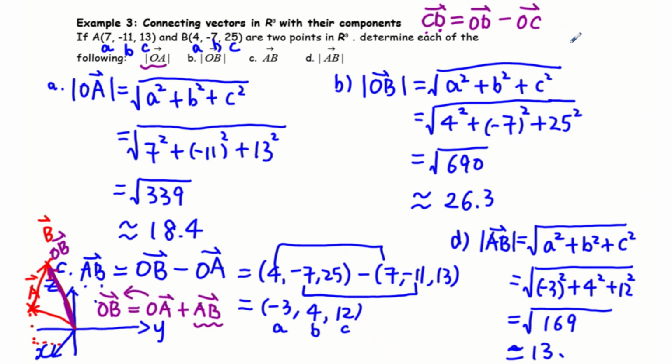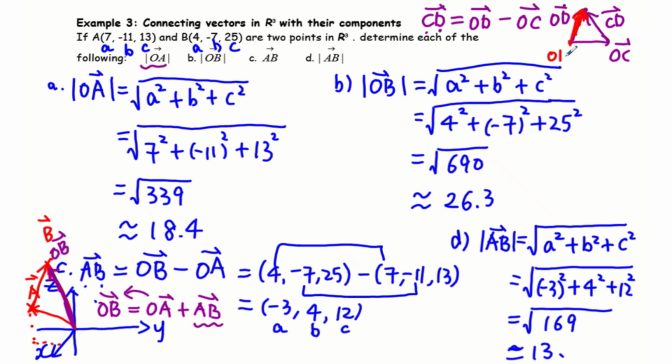Why does it work? So we can draw it. This is OC. This is OD. And this is from C to D. And you will find out, tail to head, this one is always the sum of these two.